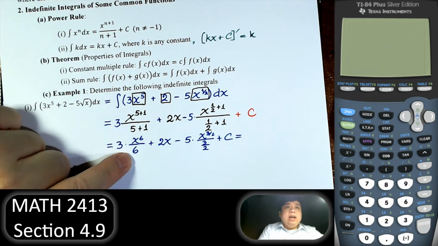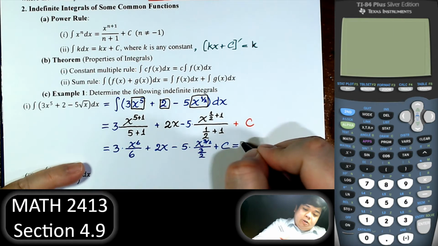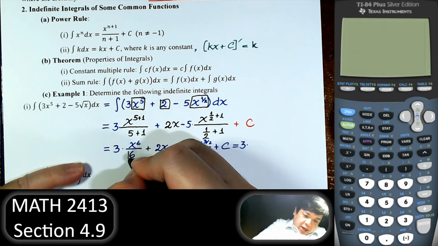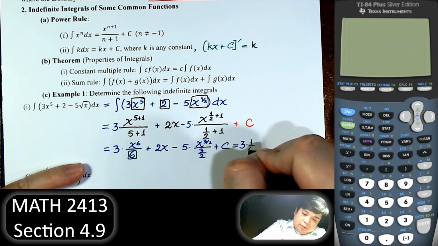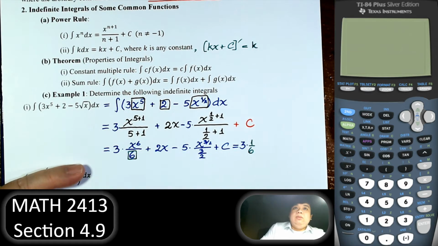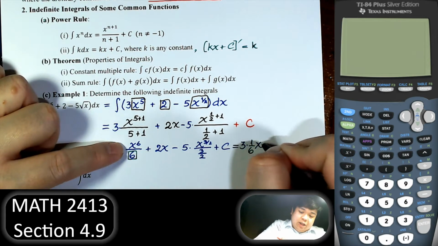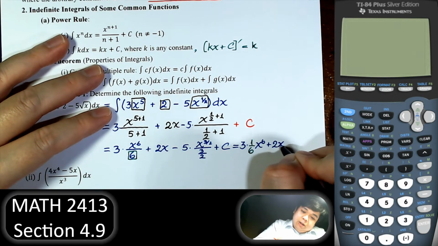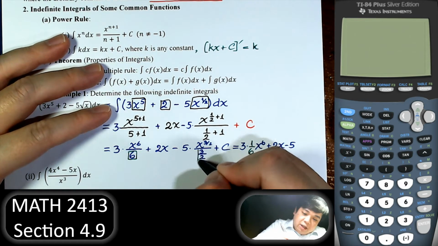Right, now here we have 6 at the bottom, right? We can divide by the reciprocal. Now notice the 6 is at the bottom. We can flip that. And then with the x to the 6 we can just write it like this, plus 2x minus 5. The 3 halves is at the bottom.